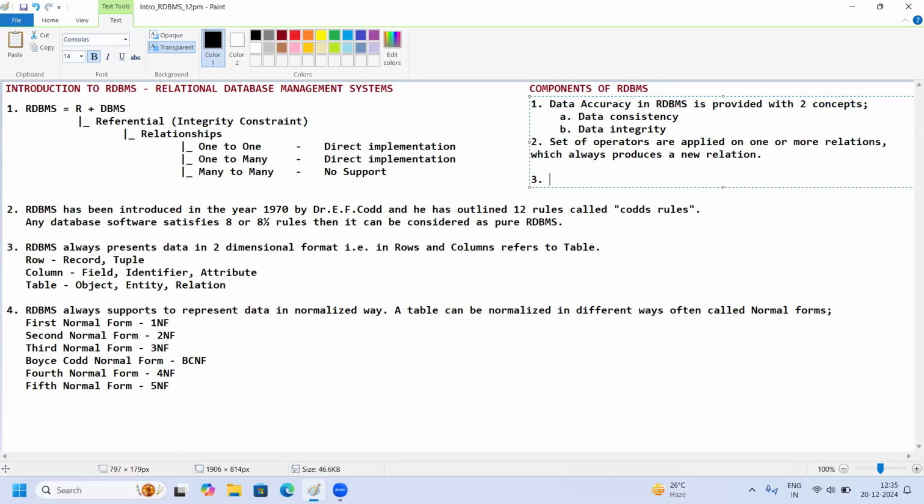Every database, every language that we use in computers, you could find operator support available. We are going to apply a set of operators on one or more relations, one or more tables. What will happen? It always produces a new relation. Connecting with this point, we are going to learn two to three topics in SQL Server.